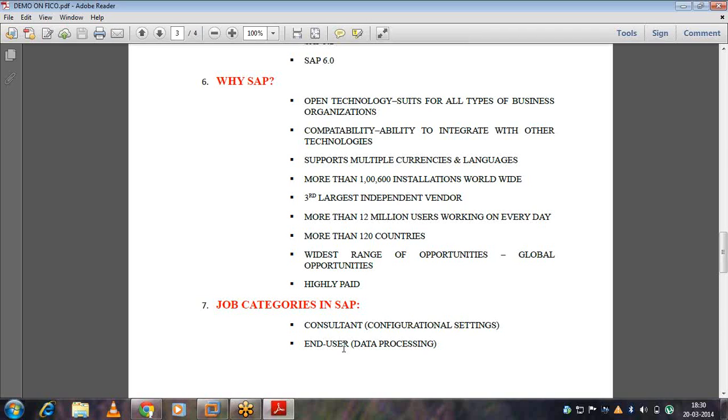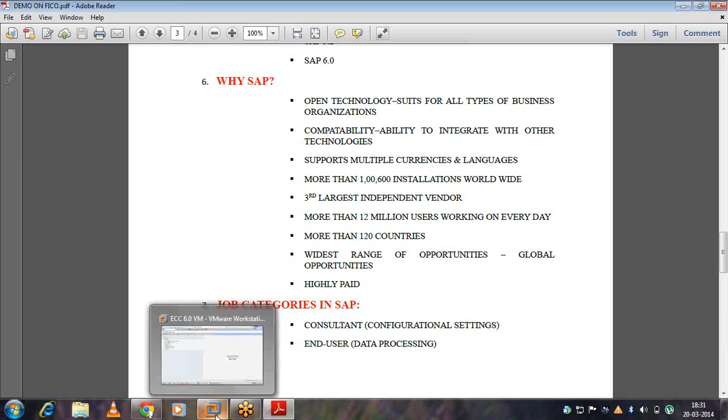Whatever the back-end settings that are required for smooth processing of transactions, all those settings will be done by a person called consultant. So the consultant's role is to do the back-end settings.